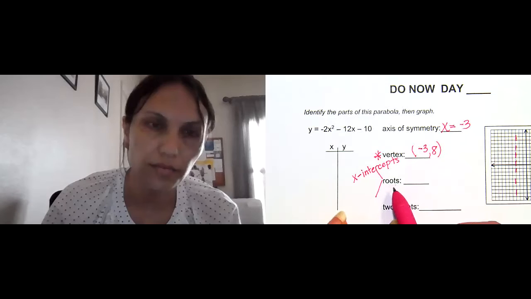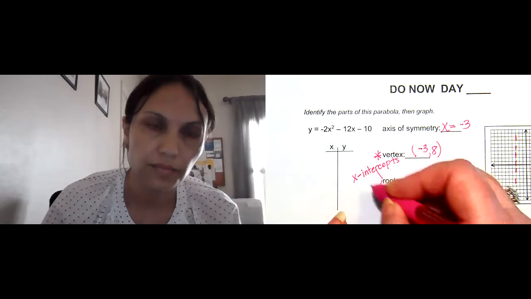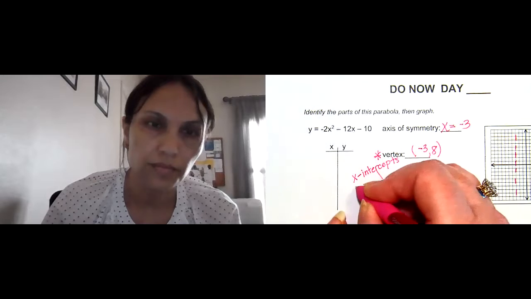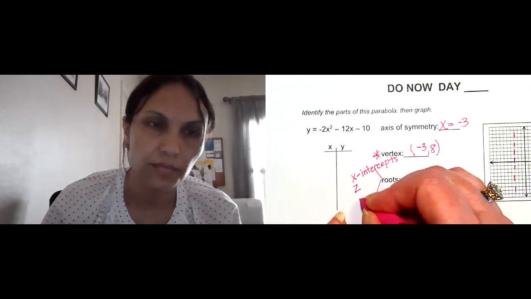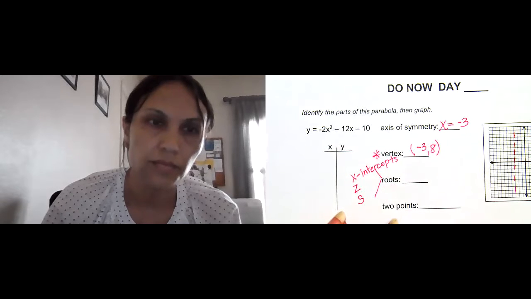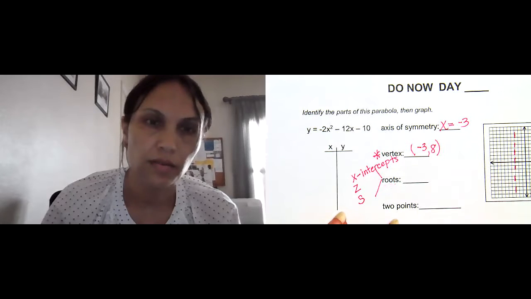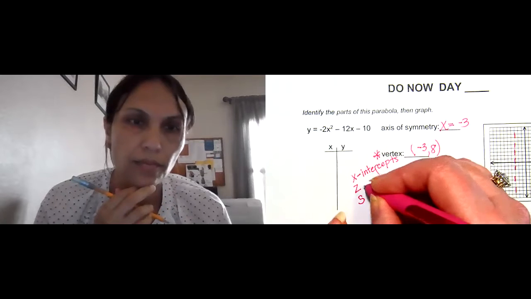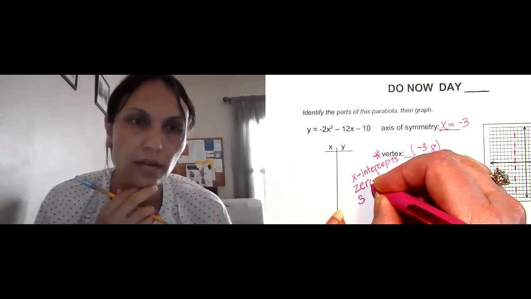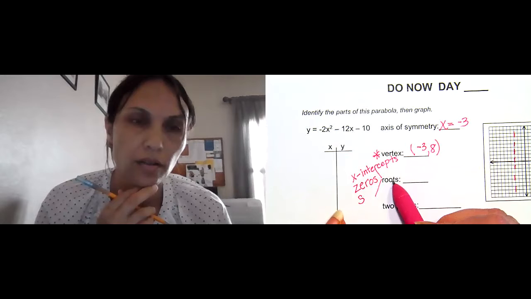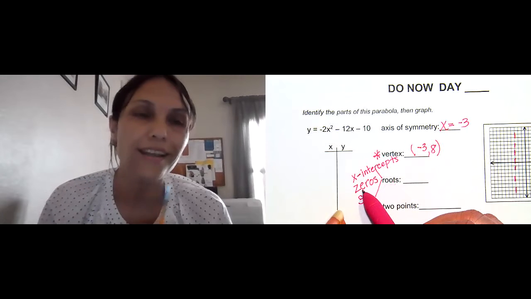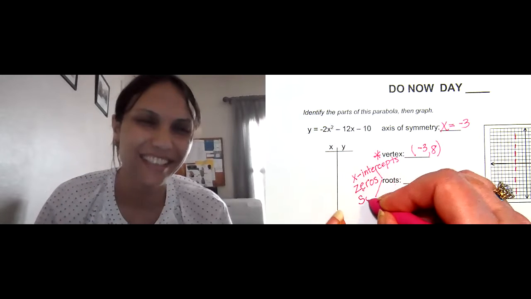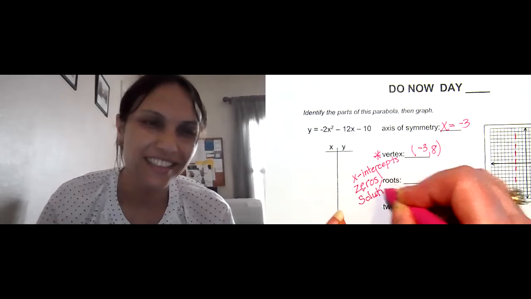So these are 2 of the names. They can be called roots. They can be called X intercepts. One starts with the Z and one starts with an S. Sometimes they'll call these the zeros, and also the solutions.